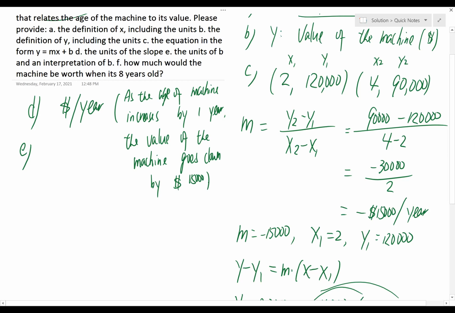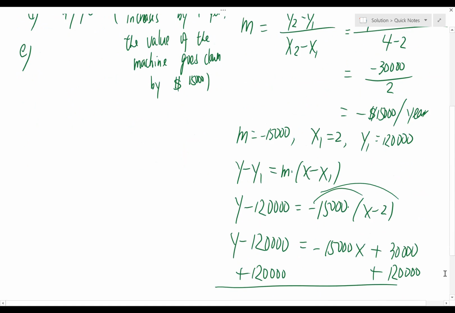Now let's look at the y-intercept b. The unit of b should be a dollar amount, right? b here is 150,000. And what will be the interpretation of that? Any guess, suggestion?